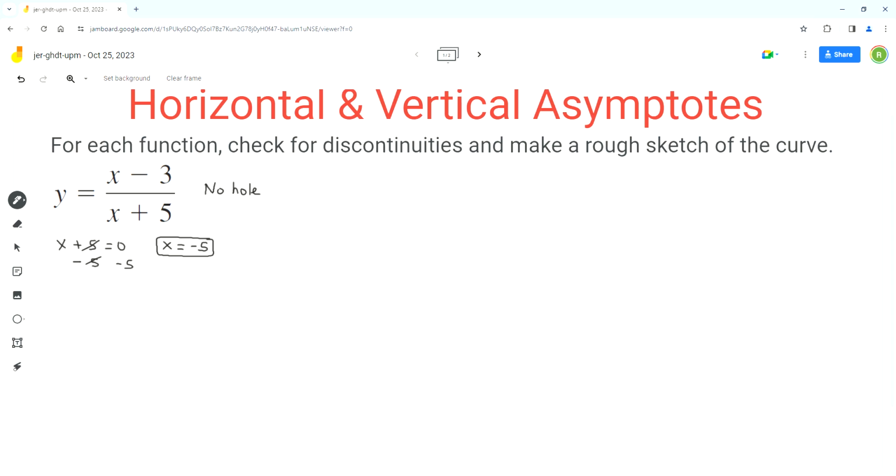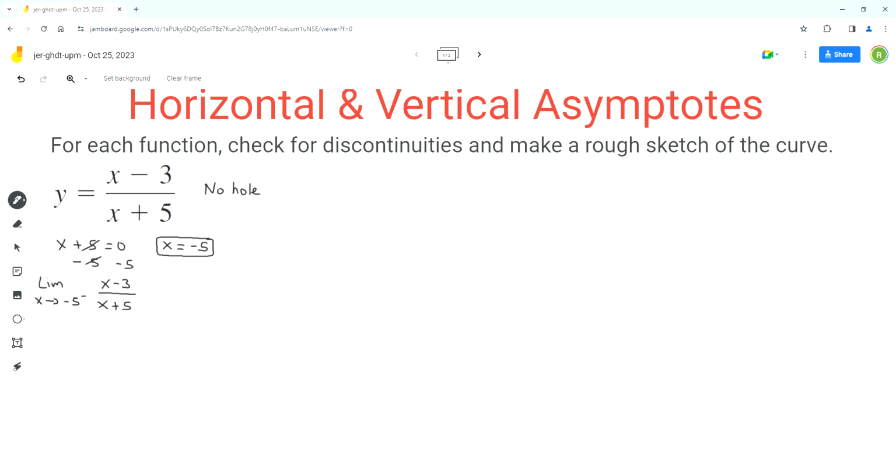Now we can check for the end behavior around this vertical asymptote by applying limits for the left side and right side of this vertical asymptote. So let's start with the left side. Limit as x approaches negative 5 from the left side of x minus 3 over x plus 5.